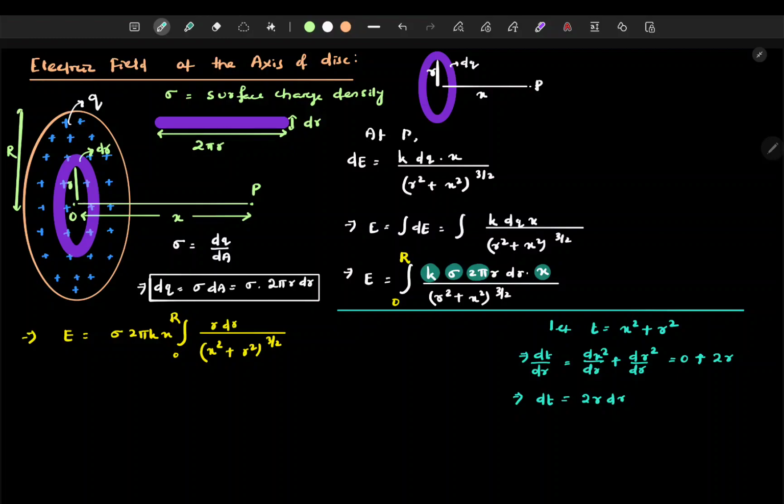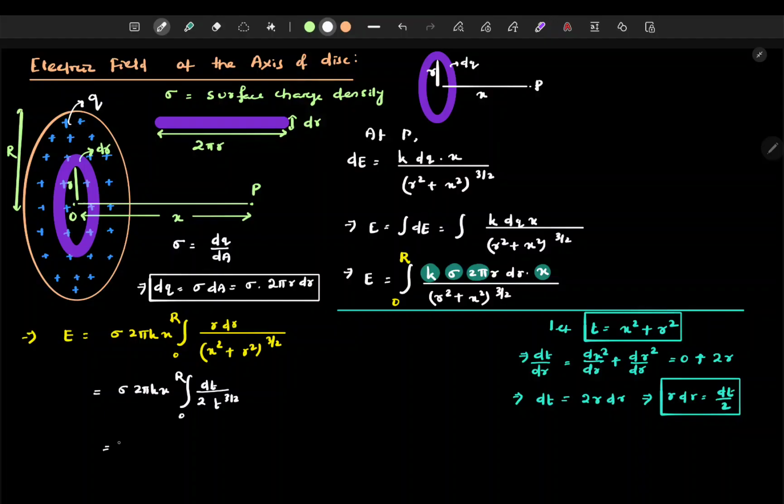So what we need is r dr. So r dr is equal to dt by 2. One more thing: r dr is dt by 2 and x square plus r square is t. So again we can write this as sigma 2 pi kx, r dr value is dt divided by 2, and x square plus r square is t, so it will be t to the power 3/2, integration 0 to R. Then take the 2 outside, that means 1/2.